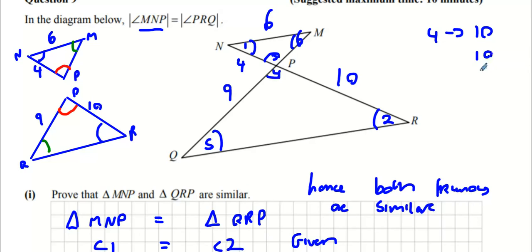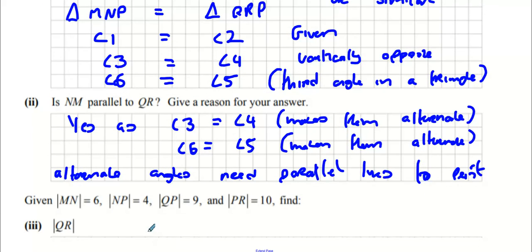Divide 10 by 4 and you get 2.5. The big triangle is 2.5 times bigger than the small triangle. So all we need to do is multiply 6 by 2.5 to find QR. 6 multiplied by 2.5 gets you 15.